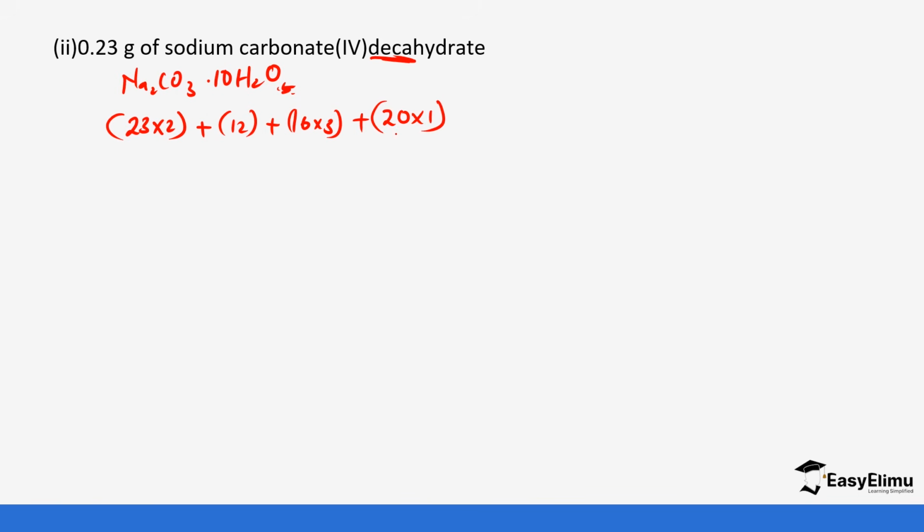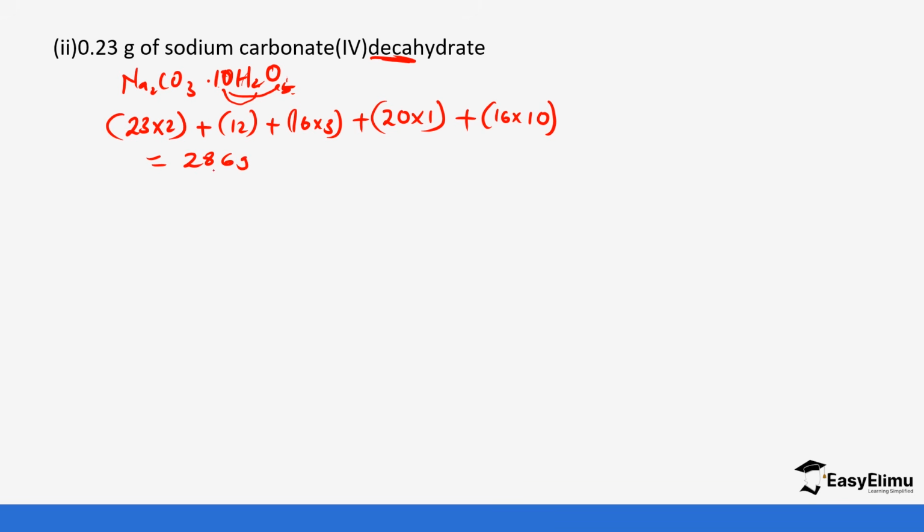The reason I've said 20 is because the 10 is a coefficient that applies to both hydrogens, so 10 times 2 gives you 20, and the atomic mass of hydrogen is 1. Then we have 1 oxygen multiplied by 10, so 16 times 10. When you add all this together, it gives us 286.